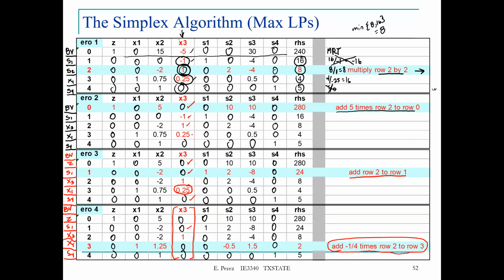Okay, so at this point, we have gotten to this solution. Right now, if we look at the rows, the objective function Z equals 280. Okay, so this is my right-hand side. This is S1 equals 24.